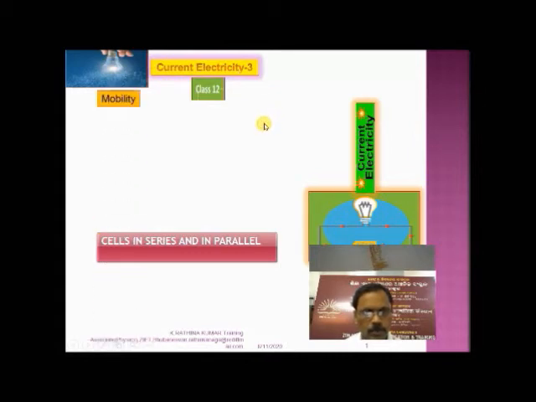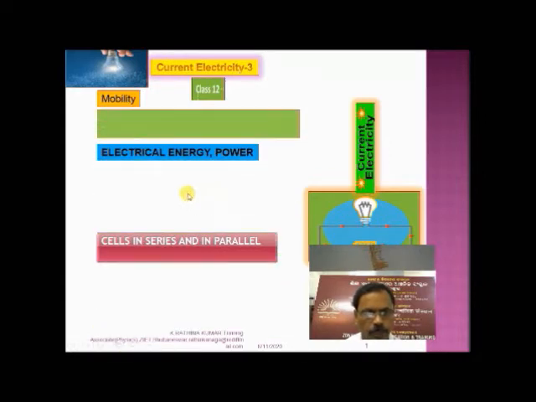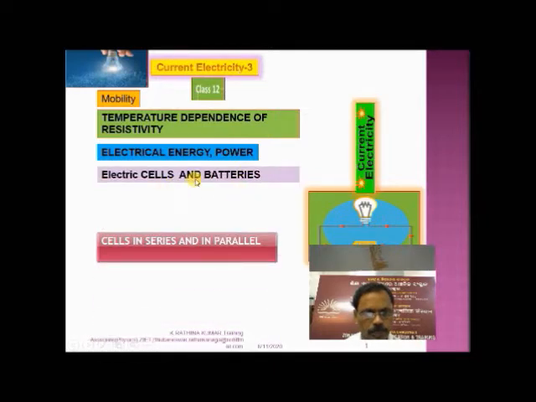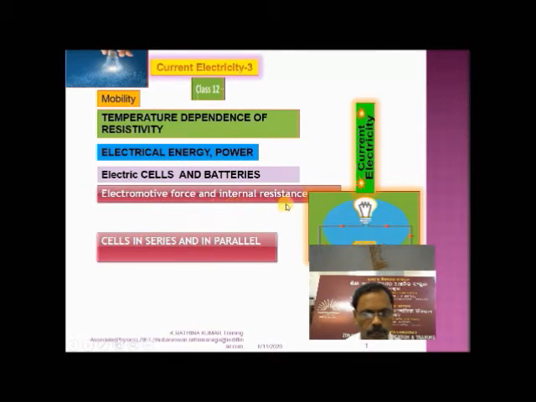First, mobility. Mobile means moving. So mobility we are going to discuss, and electrical energy and power. Then temperature dependence of resistivity. Then electrical cells and batteries. Then electromotive force and internal resistance. Then determination of internal resistance.